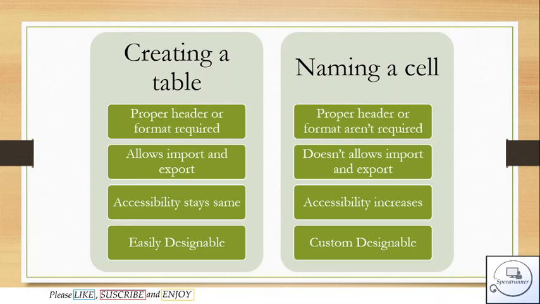So the accessibility of the cell increases, or more specifically, accessibility to the information contained in the cell increases. A table can be easily designed, as we are going to learn later in this video, whereas the cell can be custom designed.